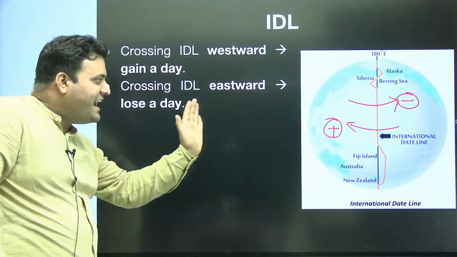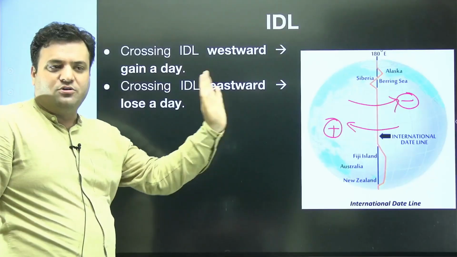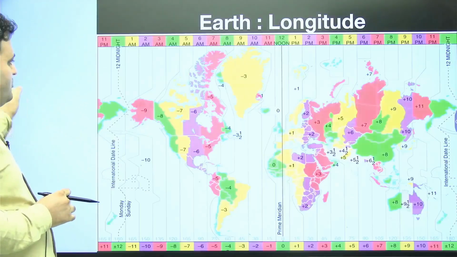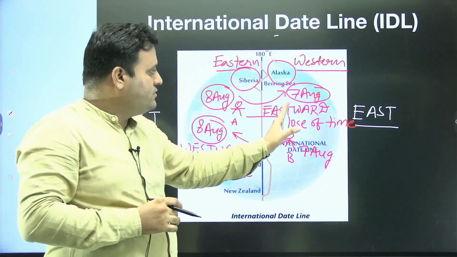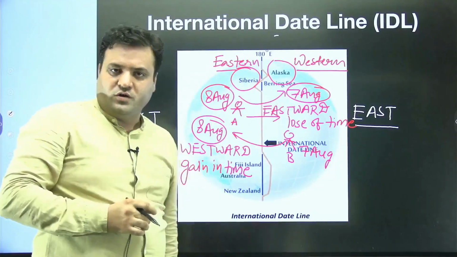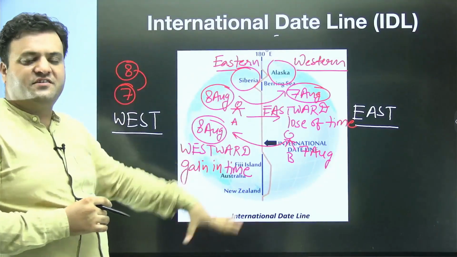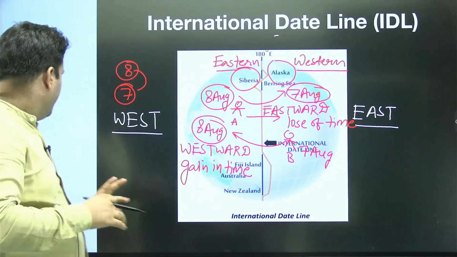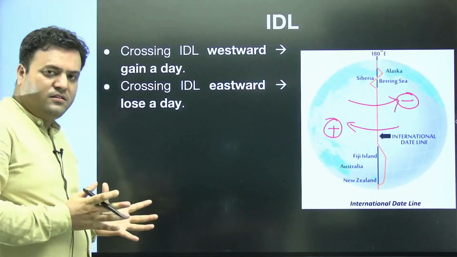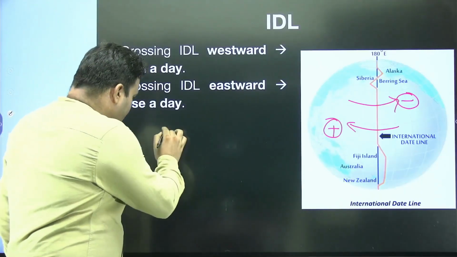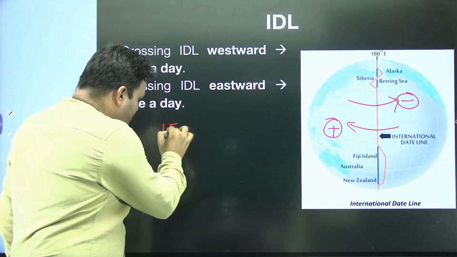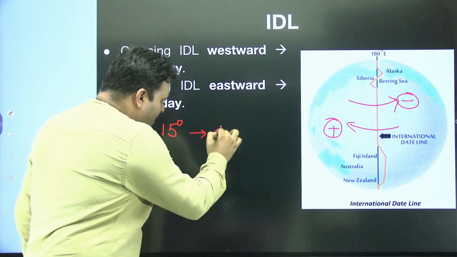Crossing IDL eastward will result in the loss of a day. If you cross eastward, you will have a loss of time. So this is with respect to the international date line. Now, if you cross this IDL, and if there is a crossing respectively by 15-degree longitude, there will be 1 hour.